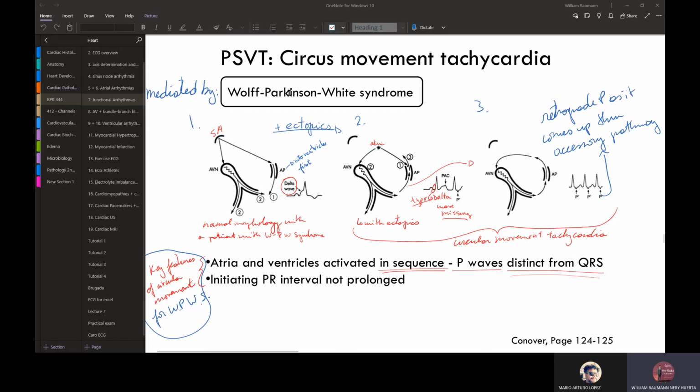You could see this where you see a normal morphology with a patient with Wolff-Parkinson-White syndrome. Atria and ventricles activating sequence. The P wave is distinct from QRS. Initiating PR interval not prolonged. So that is a key feature for the circular movement for Wolff-Parkinson-White syndrome.